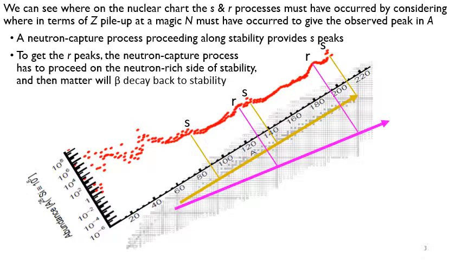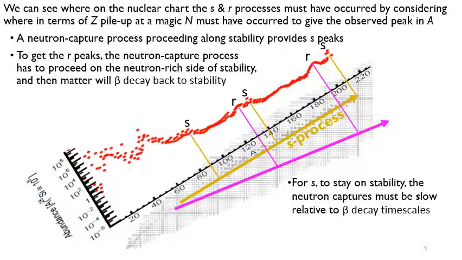As we'll get to in a future quick notes on compact object nucleosynthesis, if instead you had a process proceeding through very exotic nuclei, you'd hit your stoplights further away from stability. When the neutron flux dies down and the environment cools off, you'd beta decay back to stability, and you'd then get these peaks at slightly lower mass number. So that's your R process.